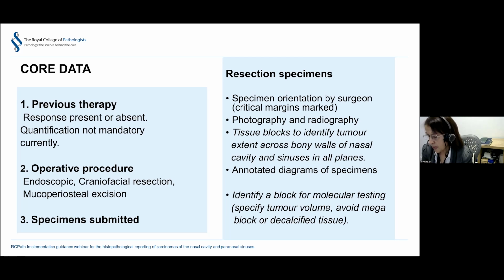And we should have the annotated diagrams of these specimens available within the laboratory, and they should be available both for internal and external review. And one of the important additions to the data set is we need to specify the ideal block for molecular testing. And this should ideally be a non-decalcified block, and it should have a reasonable volume of viable tumor.